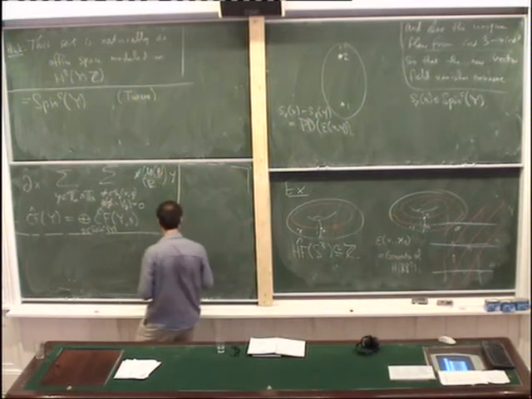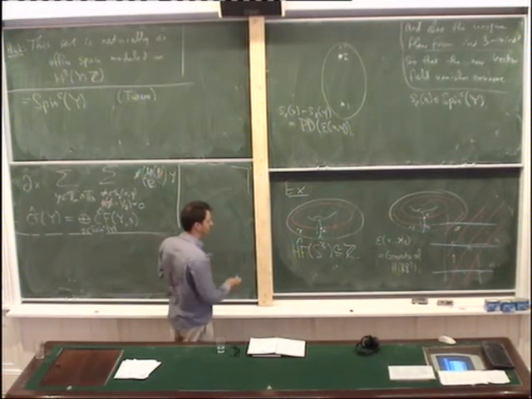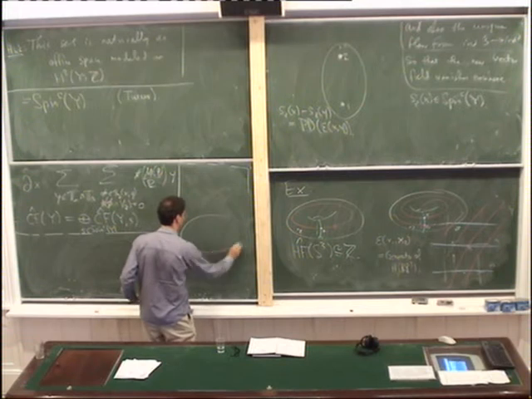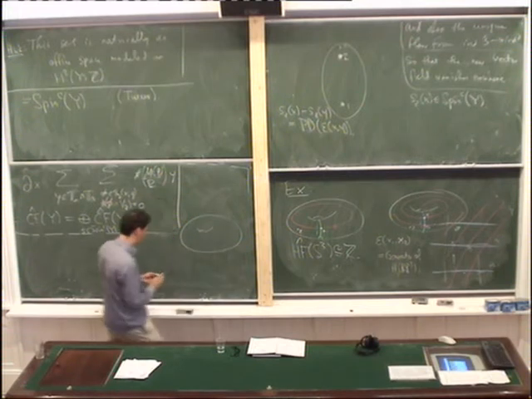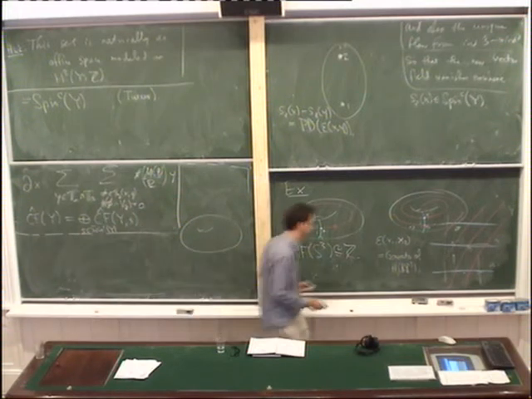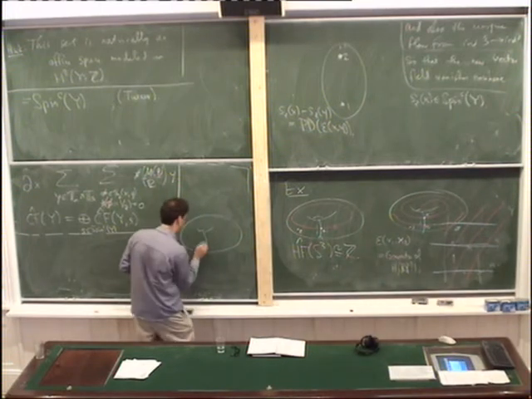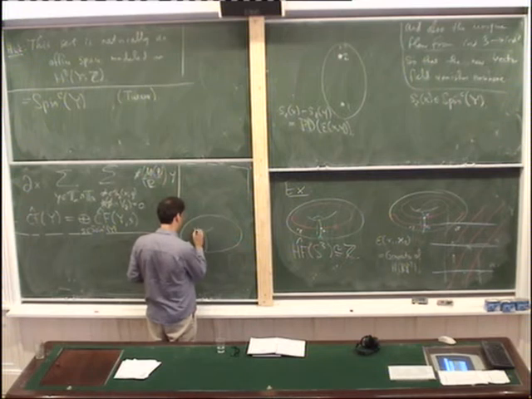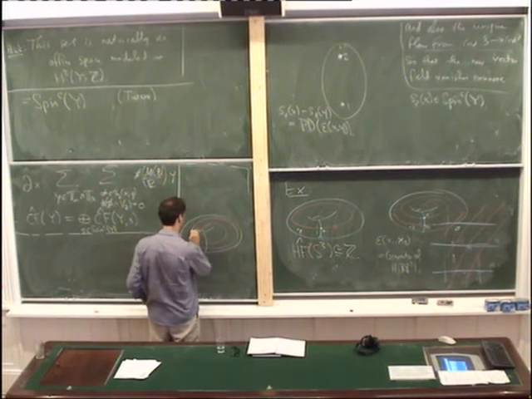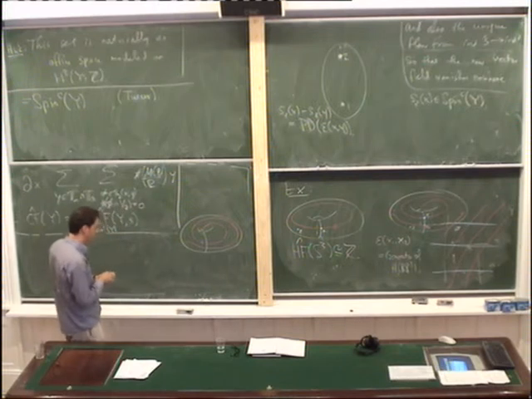Maybe let me try to convince you once again that this epsilon difference is the generator. And the way to see that is, let me just draw this picture again. So here's x1. I'm just drawing exactly the same picture again. So what have we done?